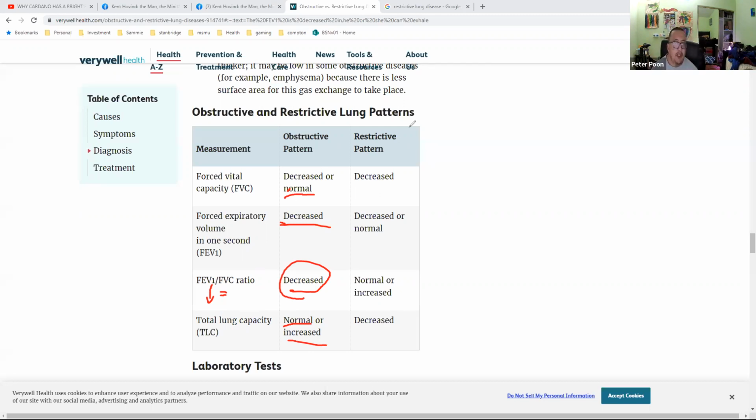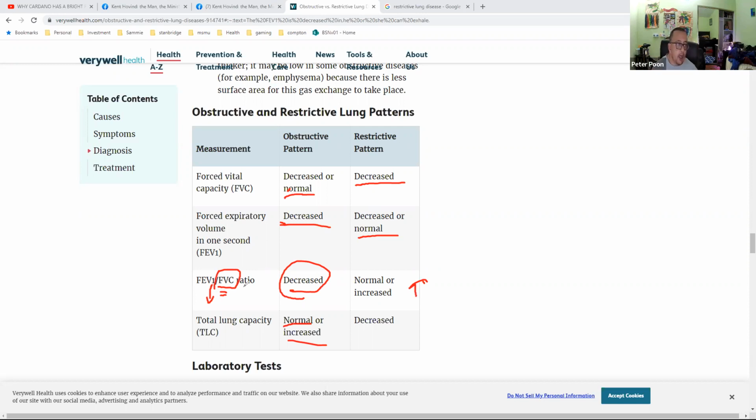For restrictive patterns, that means your lungs are damaged, so your forced vital capacity is decreased. The amount that you can breathe out is pretty much normal, because the thing that's most decreased is the FVC. So the ratio is actually more likely to be increased because the FVC goes down.